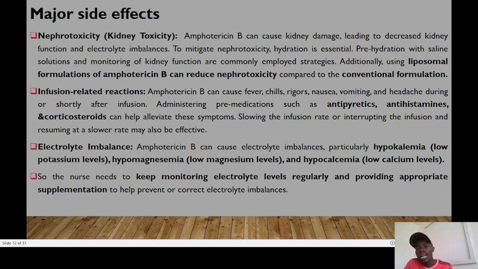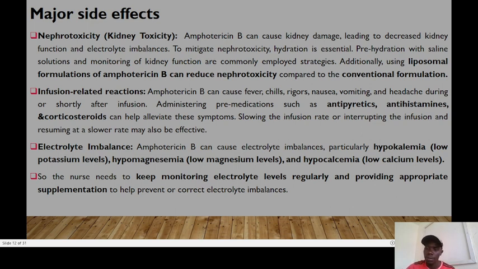But generally, we have some major side effects caused by these pharmaceutical agents, and one of the outstanding drugs in this group is amphotericin B, with reference to which we will discuss most of the side effects. The first one is nephrotoxicity, the kidney toxicity. Amphotericin can cause kidney damage, which leads to decreased kidney function.